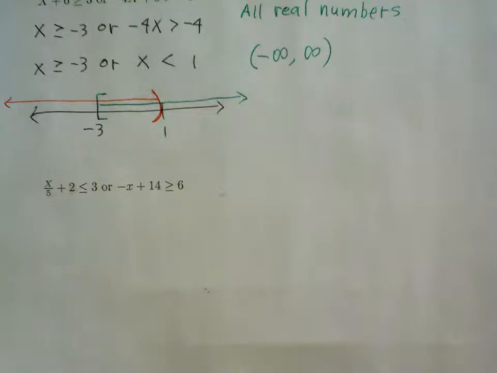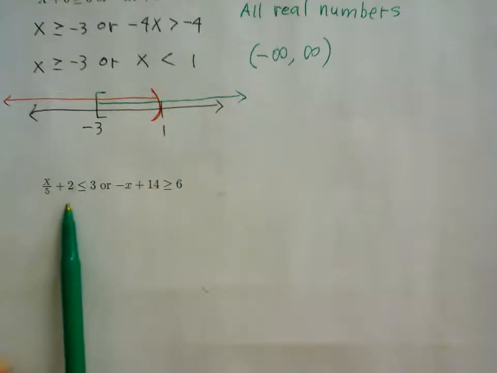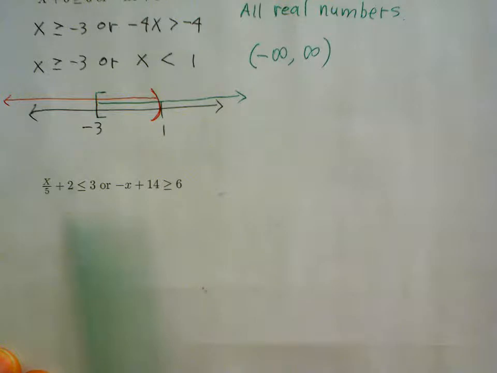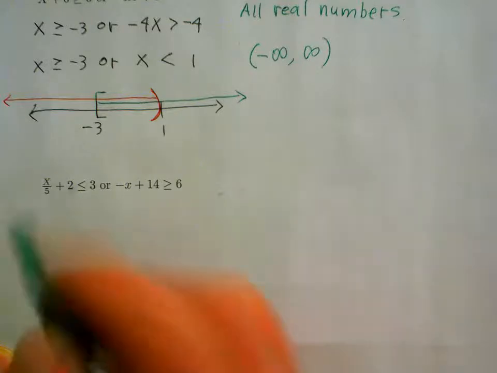For the algebraic notation, I got x is less than or equal to 8. Okay. Well, let's do this. So first, solve each of those inequalities for x. On the left, we start by subtracting 2.